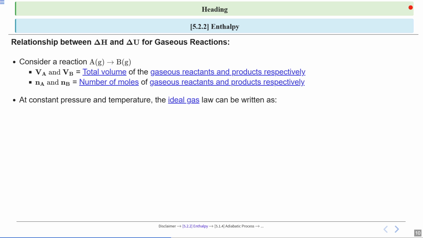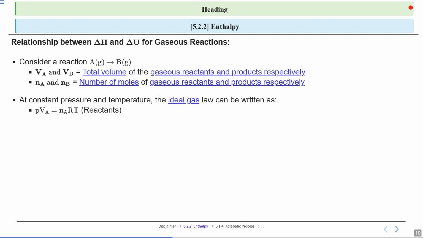Now, if you apply the gas law onto these two kinds of species, which are reactant and product, you will get two equations. First is PVA equals NART. Here remember we are keeping the pressure constant. Okay, so we are taking P for both of the situations of A and B. So for the reactant case, we are writing it as PVA equals NART.